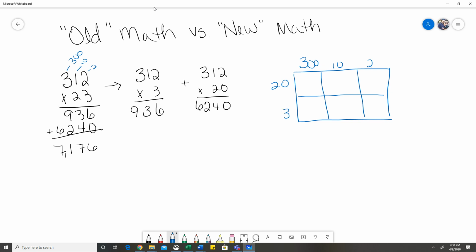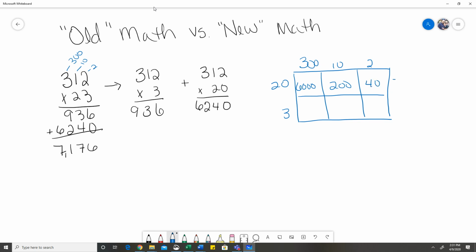Okay? And what the new math is showing them with this box method of multiplying is that we're still multiplying each number to each other. Okay? So the 20 times the 300 becomes 6,000. 20 times 10 is 200. 20 times 2 is 40.